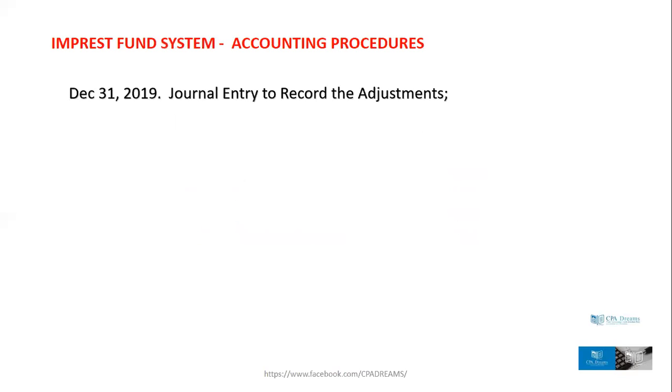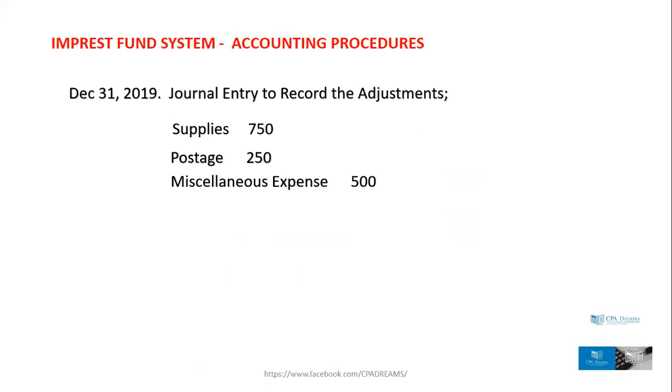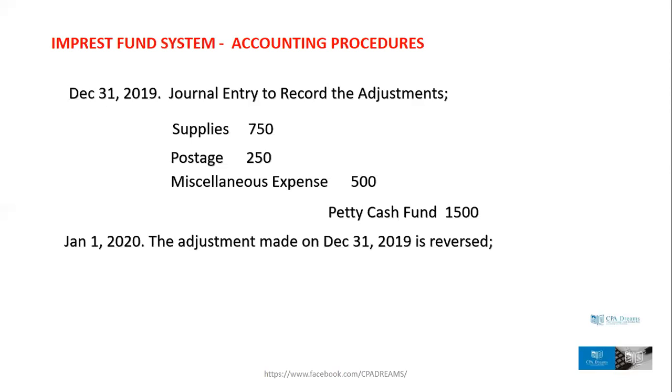So, how to record the adjustments? On December 31, 2019, you debit supplies, 750; debit postage, 250; miscellaneous expense, 500. And then credit petty cash fund, 1,500.